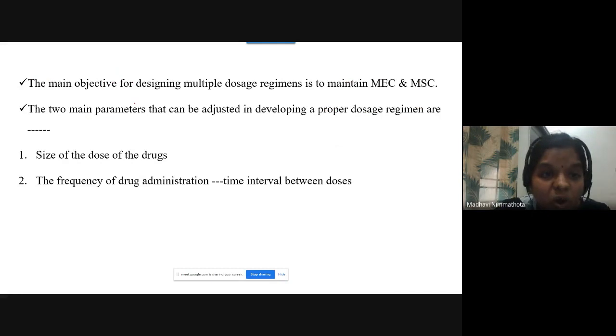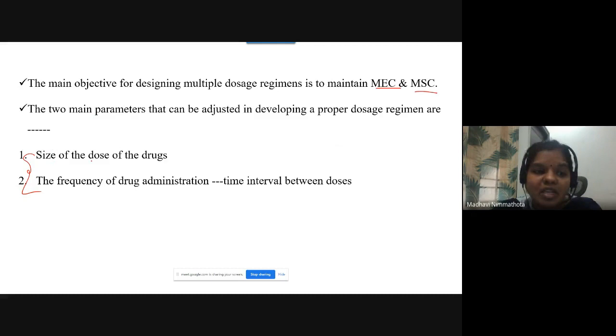The main objective of designing the multiple dosage regimen is to maintain MEC and MSC. If the drug stays within the therapeutic range, that is between MEC and MSC, it should be pharmacologically active. So these two parameters are very important while preparing the multiple dosage regimen or while adjusting the proper dosage regimen.